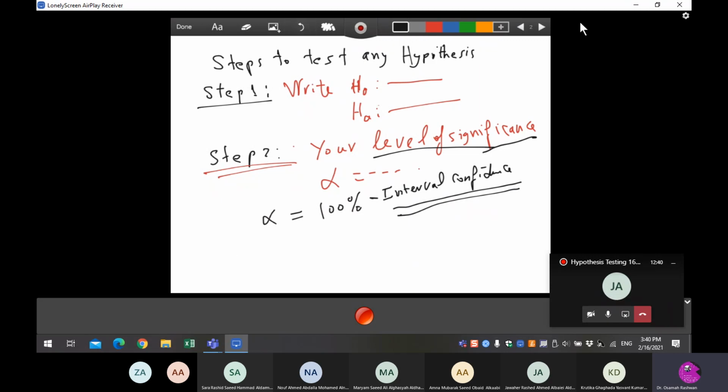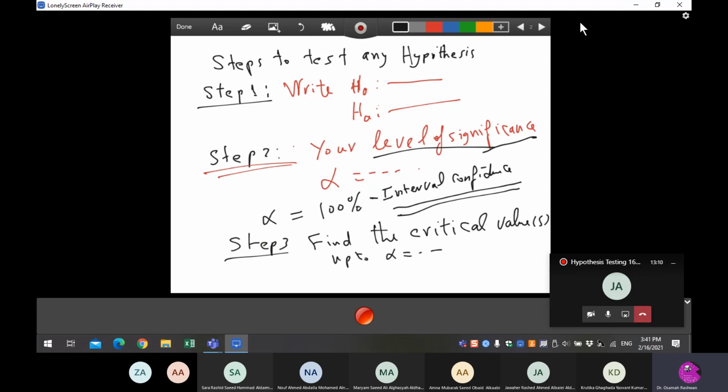And now, up to this one, you will find the critical value. Before this, step 3: find the critical value. Could be value or values, I'm explaining to you later on, up to alpha.